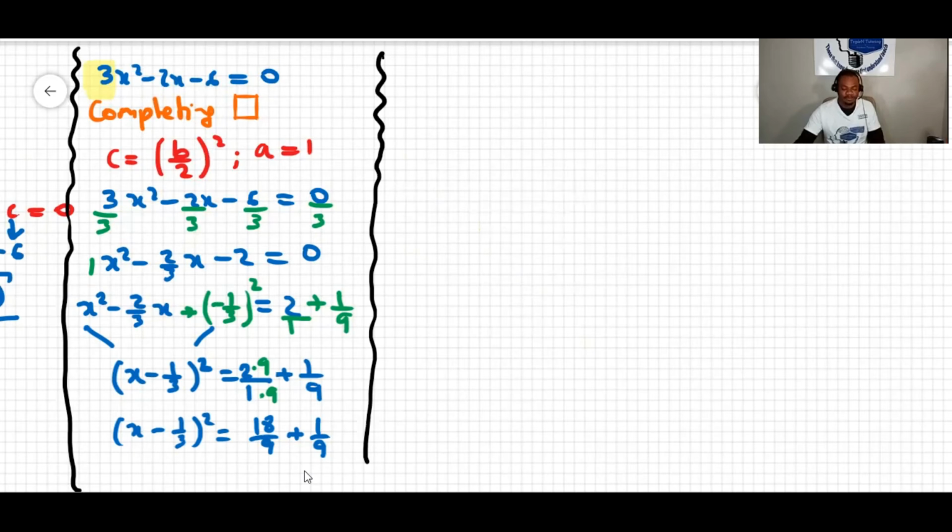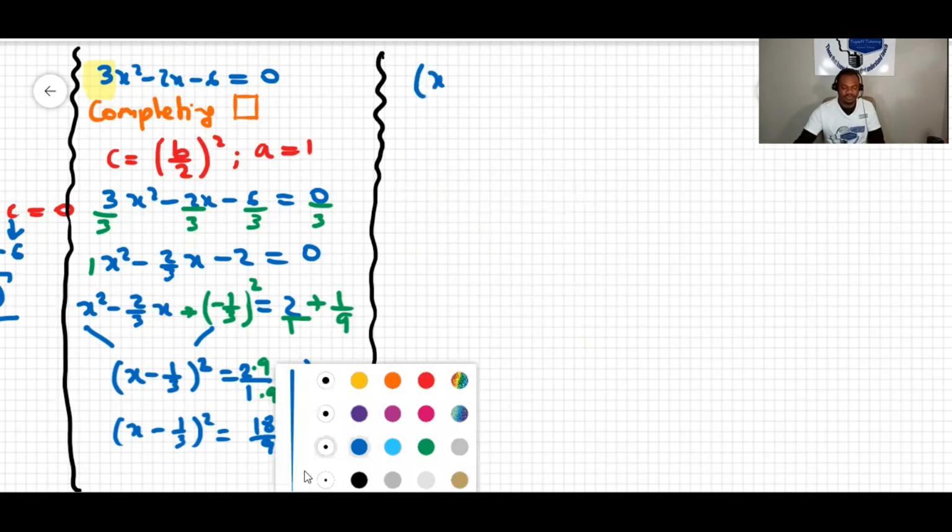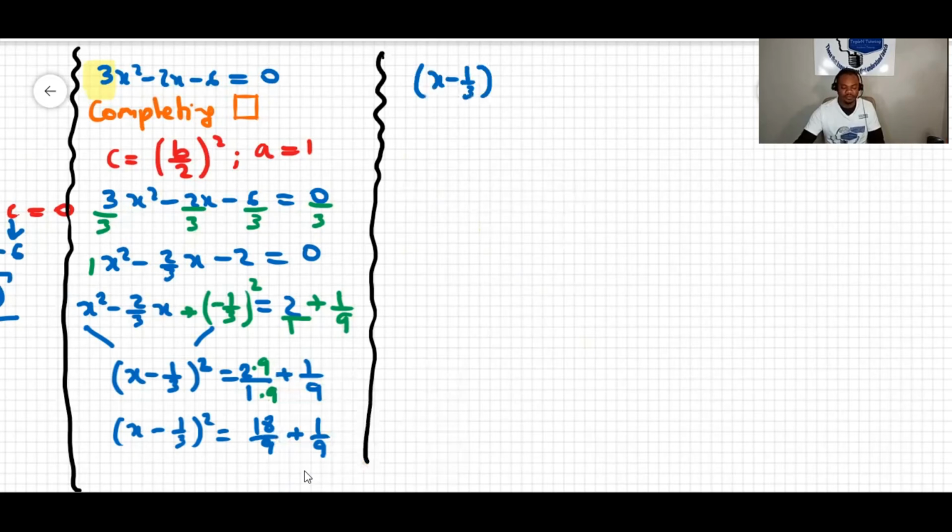This will become now x minus 1 over 3 to the power of 2 equal to, what I was saying, 19 over 9. I meant 19 over 9. Now, if I need to solve for x, I must reduce this equation here.